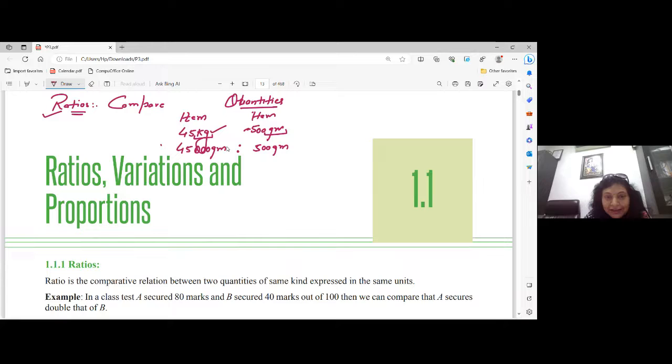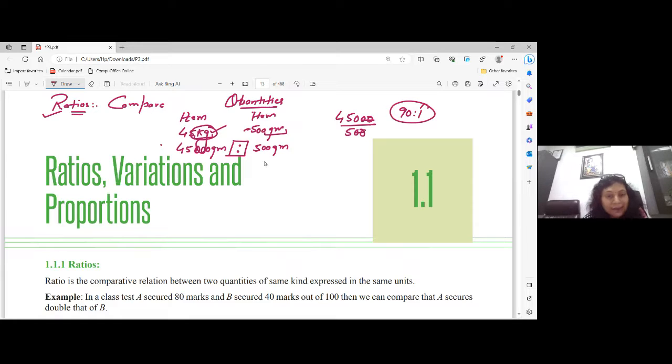And a ratio is expressed either using a colon or in the form of a fraction as well. So if I say the comparison of two quantities, the ratio is 90:1. The most important thing is that the units of the items you are comparing must be the same.